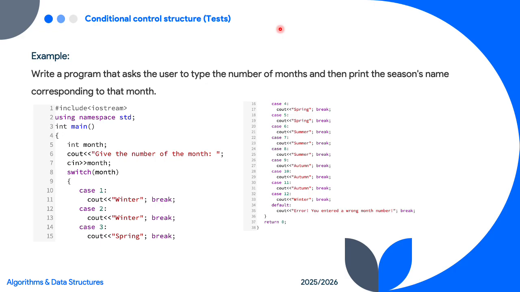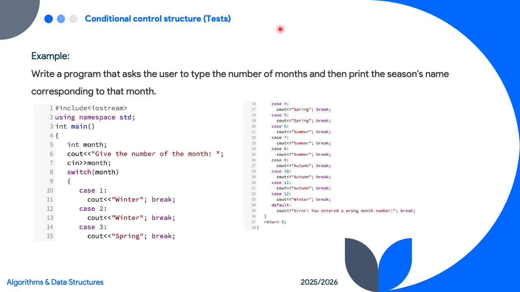This is another example. Write a program that asks the user to type the number of a month and then prints the season's name corresponding to that month. Meaning if the user enters 1, it's January, so the season is winter.